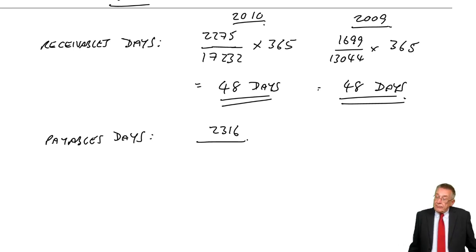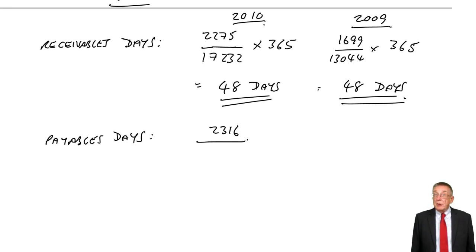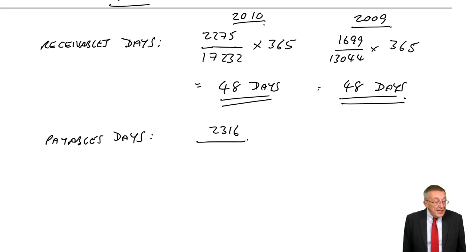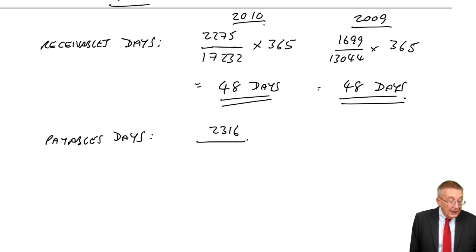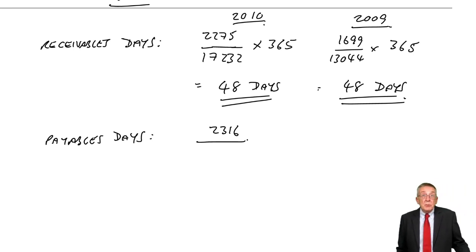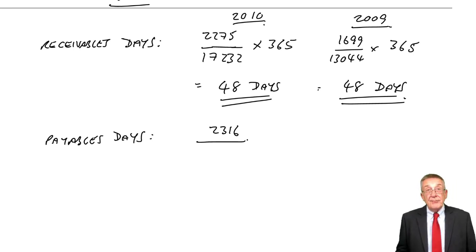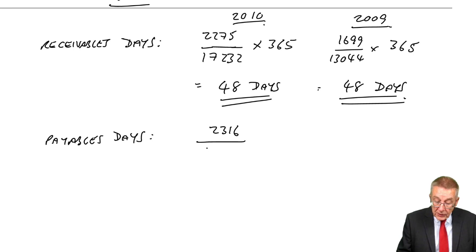Now again, see what information's available. We should divide by the purchases on credit. Usually you don't have that information, which means you must divide by purchases and assume they're all on credit. But here we don't even know what the purchases are. If you're told purchases, you use it, but we're not told. We're having to assume that it's the cost of sales. There's no choice.